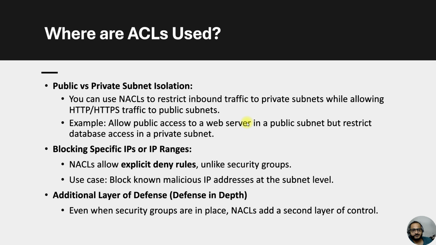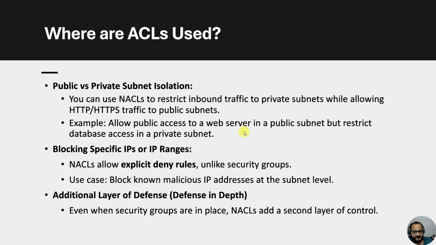Generally in a public subnet we host our web servers, so definitely we need to allow the traffic there. But in a private subnet we generally create our databases and so on. In that case we don't want any public traffic, so that's how we use ACLs for private and public subnet segregation.